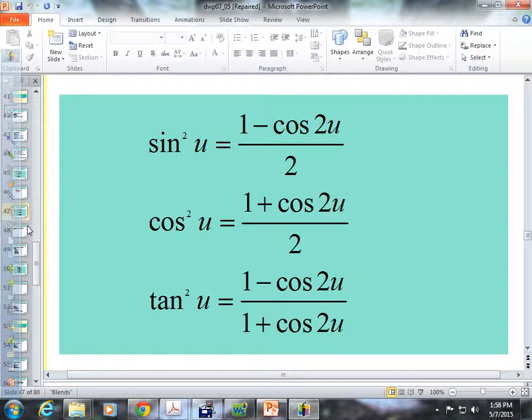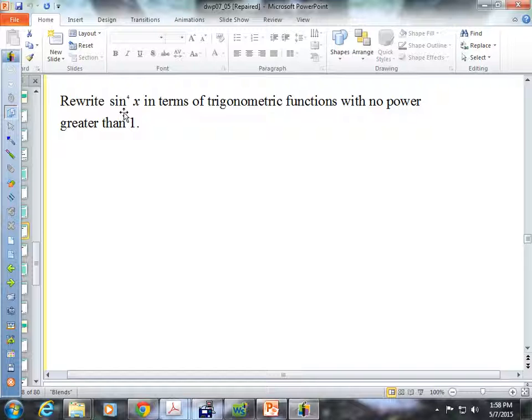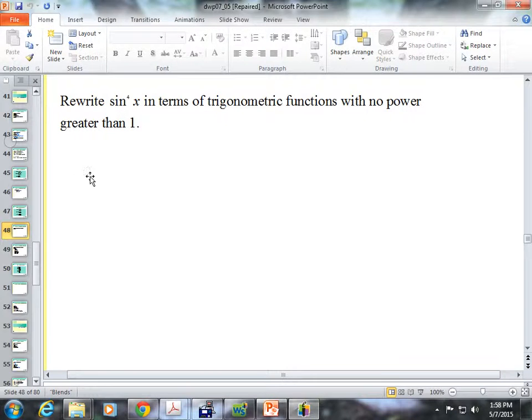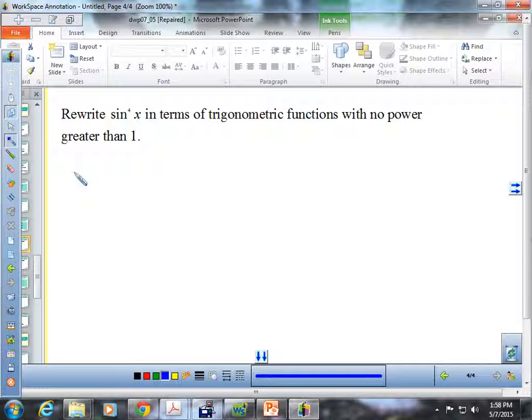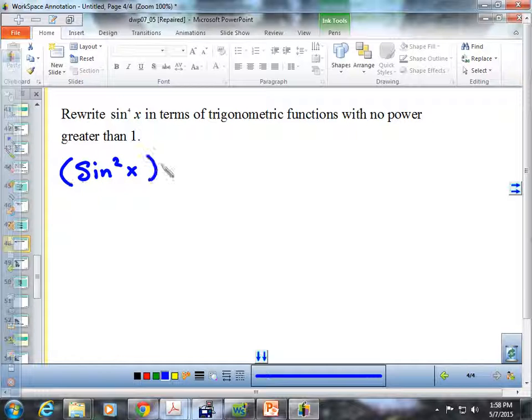Well, this example wants me to rewrite sine to the 4th. First and foremost, sine to the 4th is sine squared times sine squared. That's sine to the 4th.